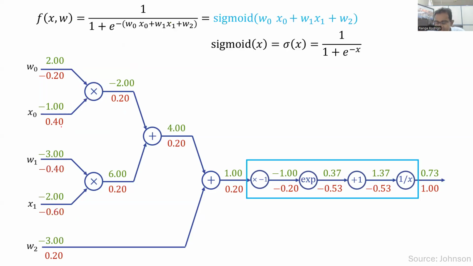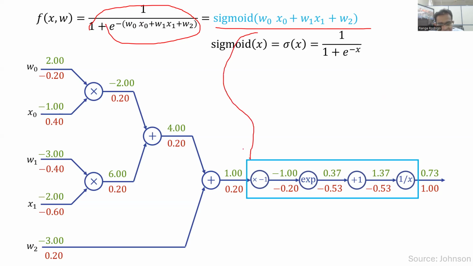But now, this computation graph is not unique. For example, this whole thing, I can write as sigmoid. This is a sigmoid function. So it is quite possible to replace the whole thing with the sigmoid function.